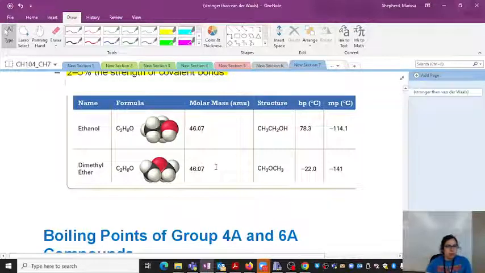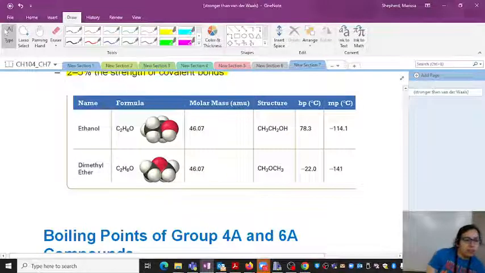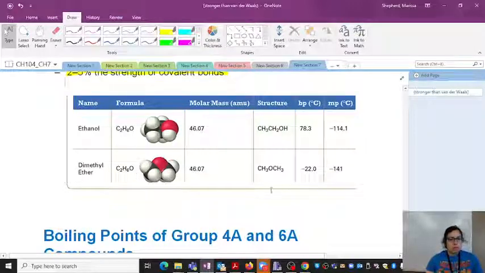And so if we want to compare our boiling points again, now we're looking at ethanol versus dimethyl ether. Dimethyl ether was in our previous example of having a dipole-dipole moment. And so, right, this was polar.